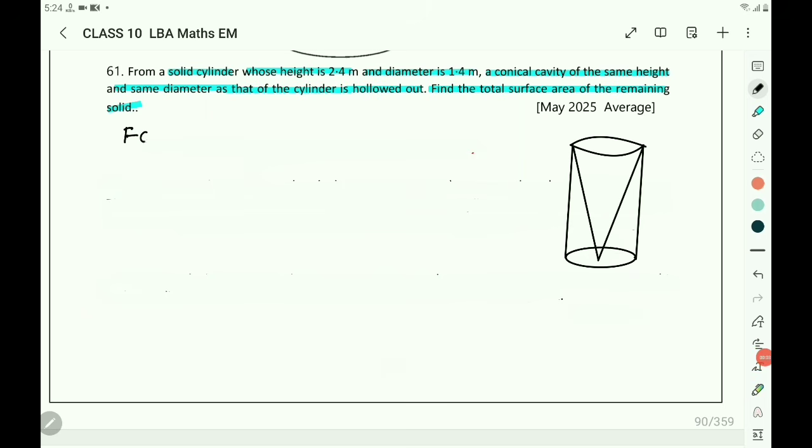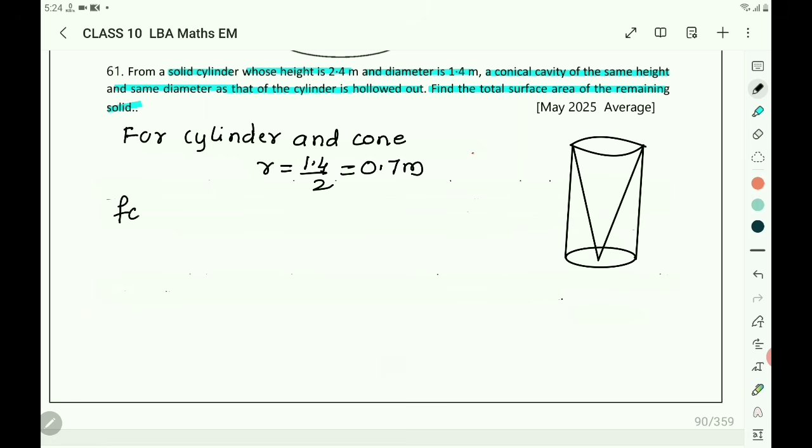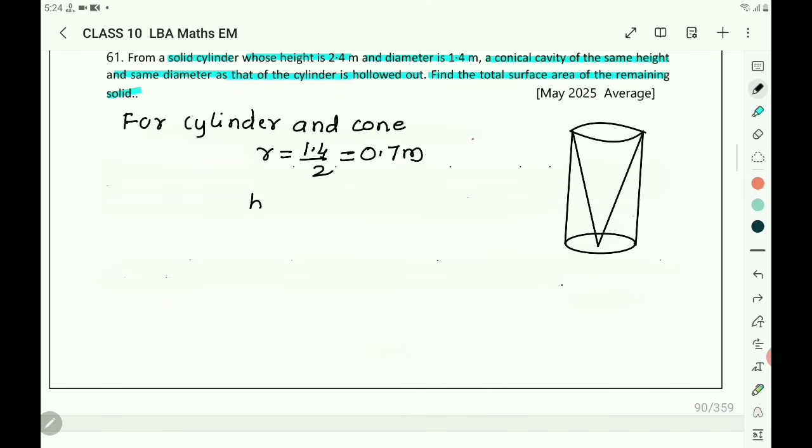For cylinder and cone, R equals diameter by 2, 1.4 by 2, equals 0.7 meter, and H equals, for both H equals what?